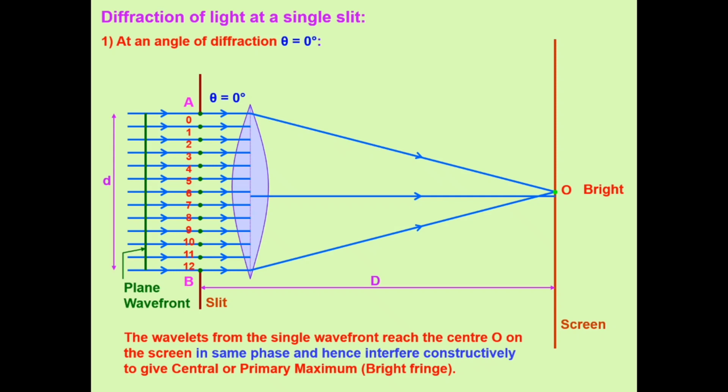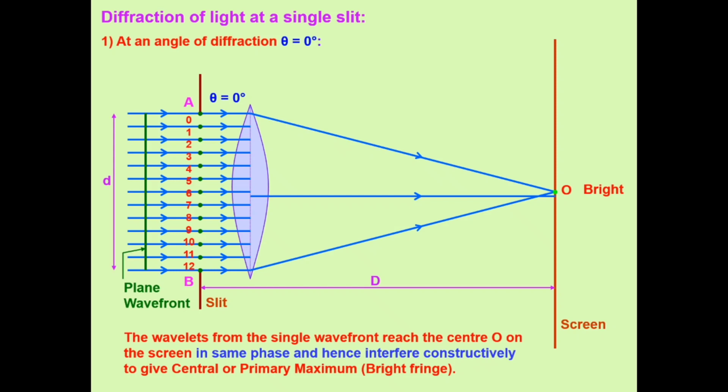Here I draw a plane wave front, and between A and B all the points behave like secondary wavelets from the Huygens principle. When the angle theta is 0, the distances A to O and B to O are equal, so you get the central maxima.